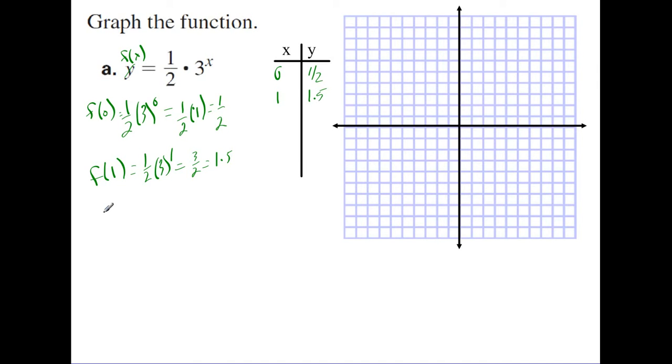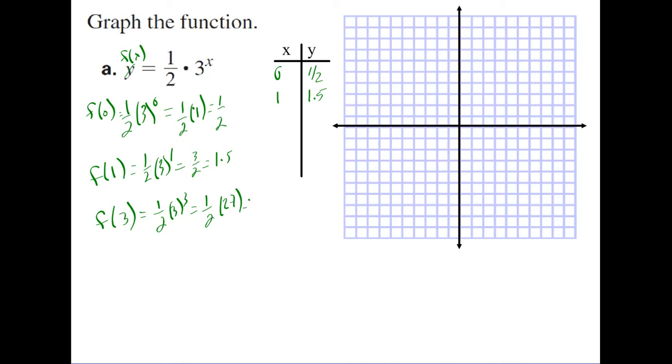And then I'm going to pick another couple points out here. Let's try f of 3. That might be off where we're going, but we'll just take f of 3. That's a half times 3 to the 3. That's 9 times 3, which is 27, so that's a half of 27.